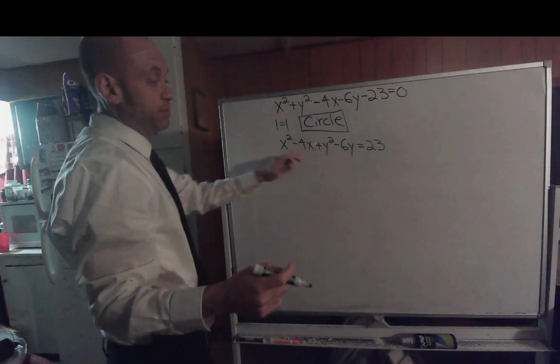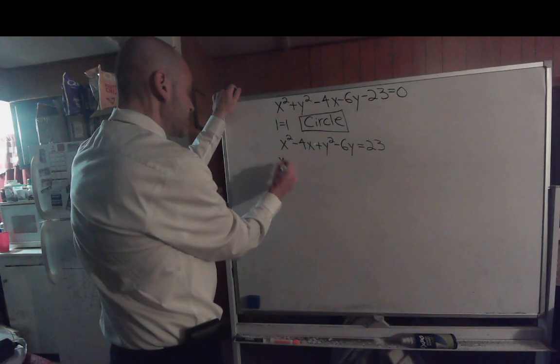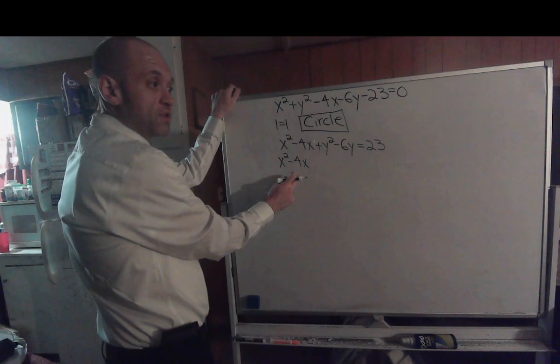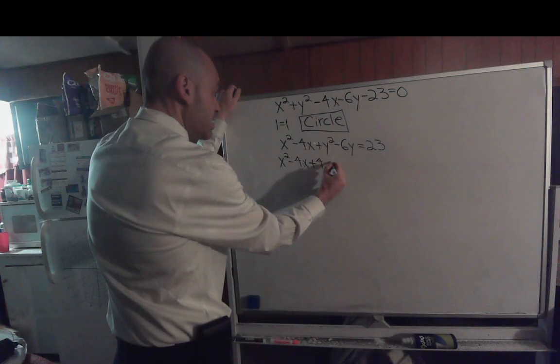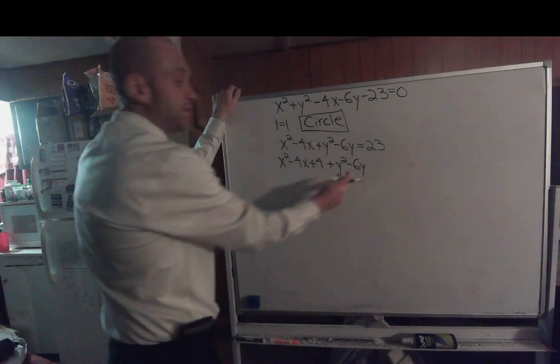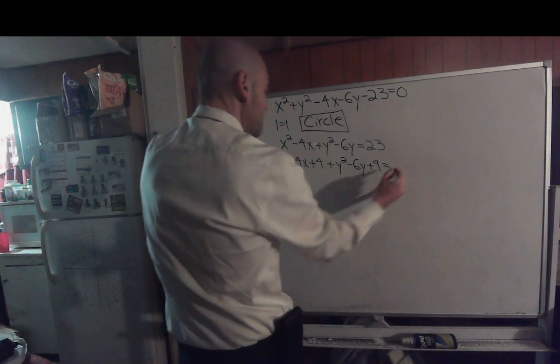Now we just need to complete the squares for the x and the y, so this would turn into x squared minus 4x. Half of negative 4 is negative 2. You square that, you'll get plus 4. Plus you got y squared minus 6y. Half of negative 6 is negative 3. You square that, you get positive 9.